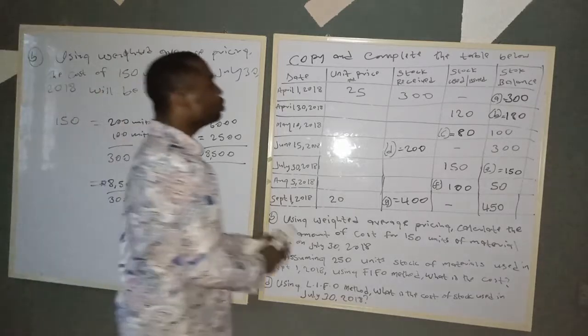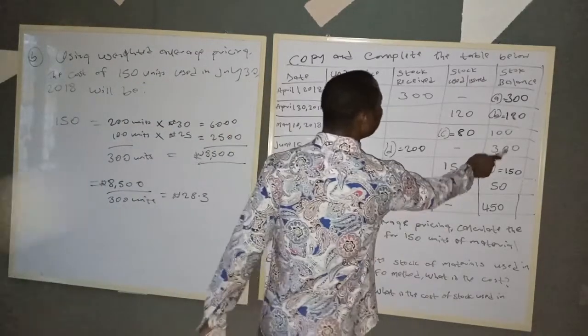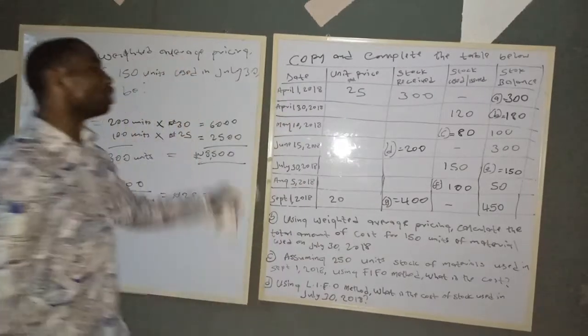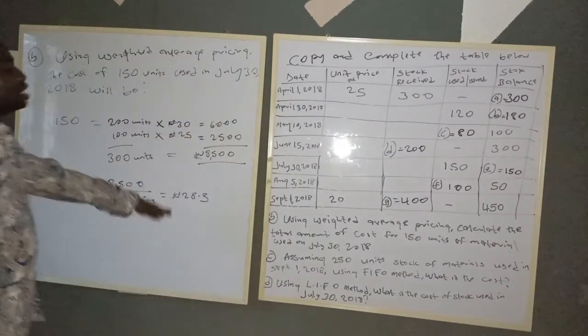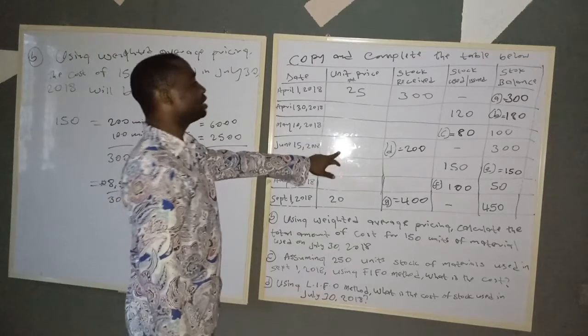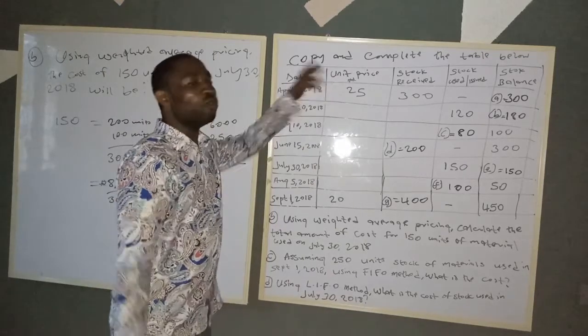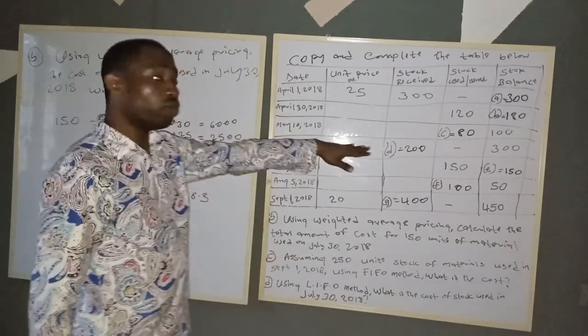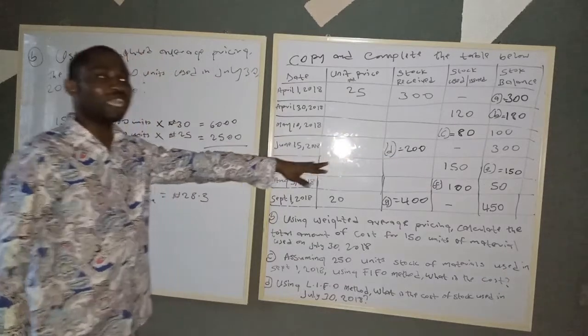So now, using weighted average, the unit cost of this 300 is 28.3 naira. So it's not 30 naira and it's not 25 naira.